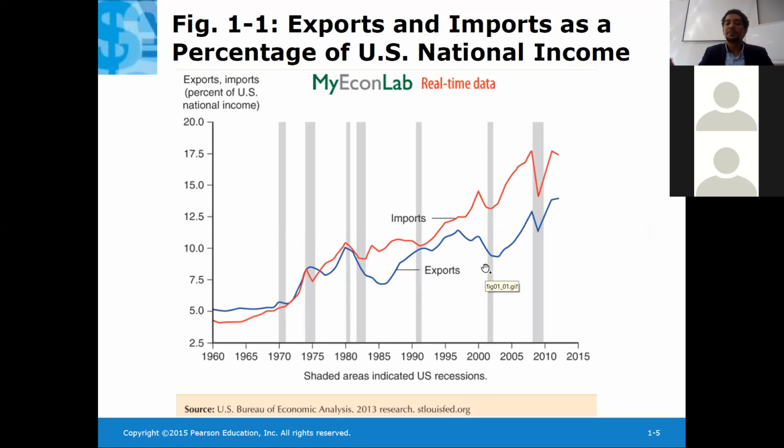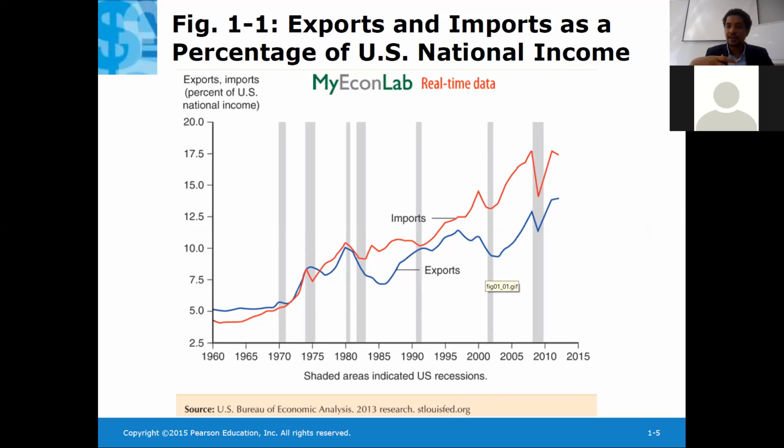So this means there are higher imports to the US than exports. There is a huge amount of money invested in imports than the US got from exports. So you can say there is a trade deficit here. But we will talk about it.